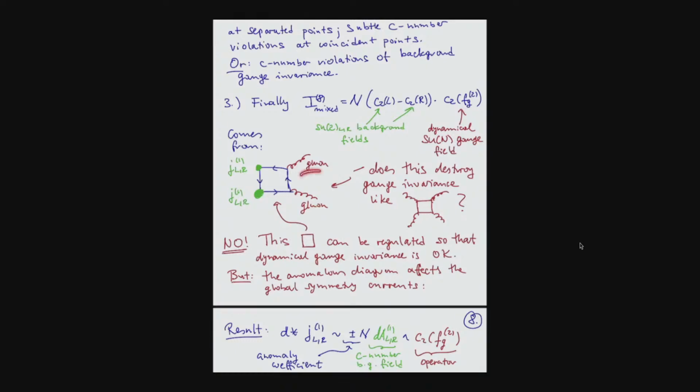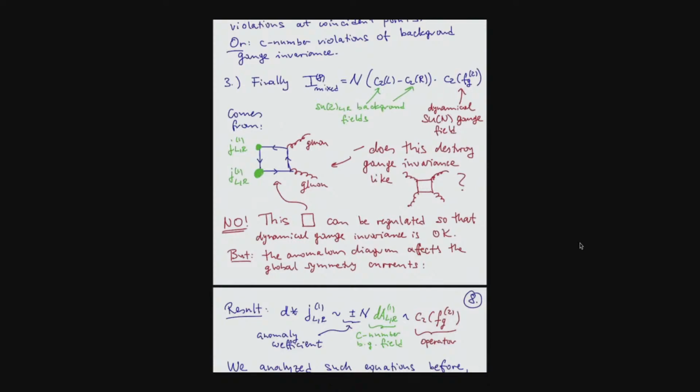There's two gluons. And two global symmetry currents for the R symmetries corresponding to these C2s here. And if you evaluate this diagram, you'll find this anomaly coefficient. So the C2 left has an n in front of it, and the C2 right has a minus n in front of it.